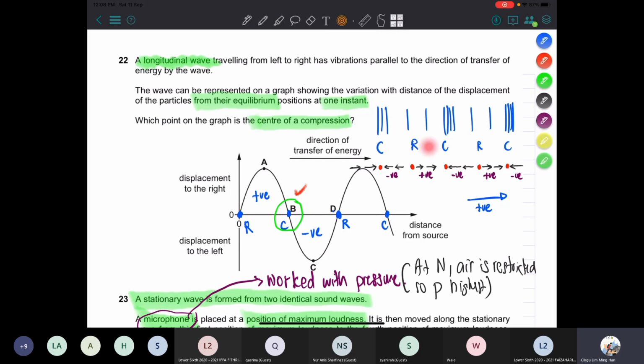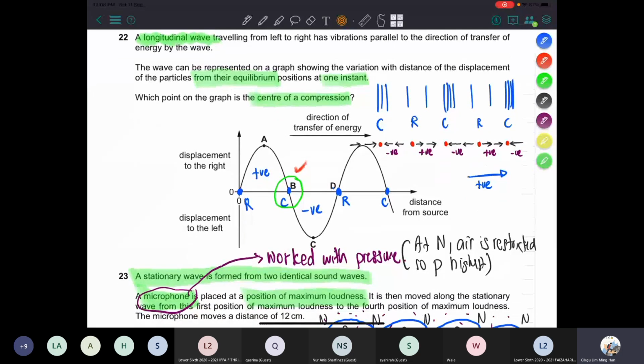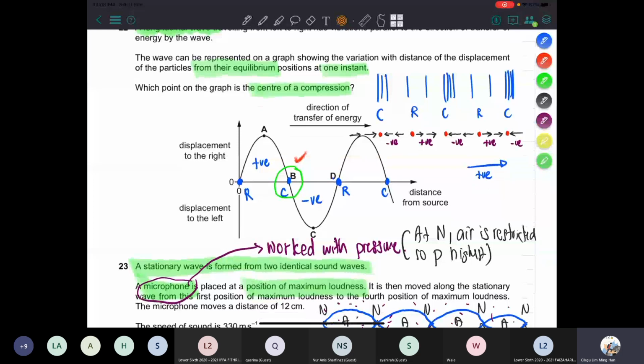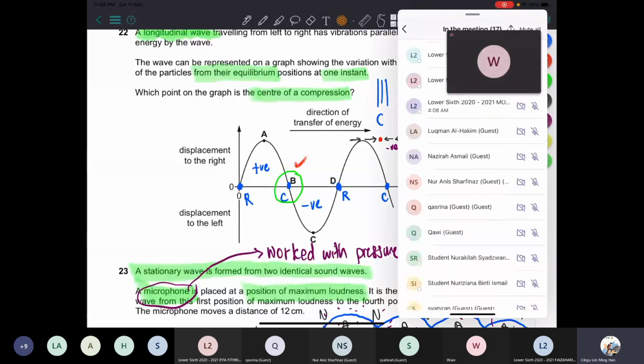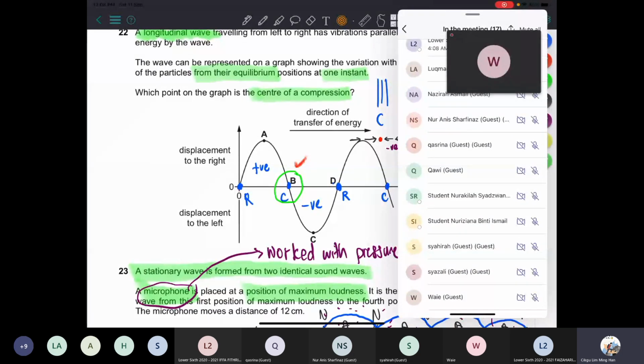Tengah-tengah sini sama tengah-tengah sini. Yang saya buat laser ni, tengah-tengah sini ni. Yeah, it will be here. The displacement. Yeah, so this is the one that we mix up lah kemarin. Alright, so I don't want to take too long now, so we just go through quickly with everyone here lah.